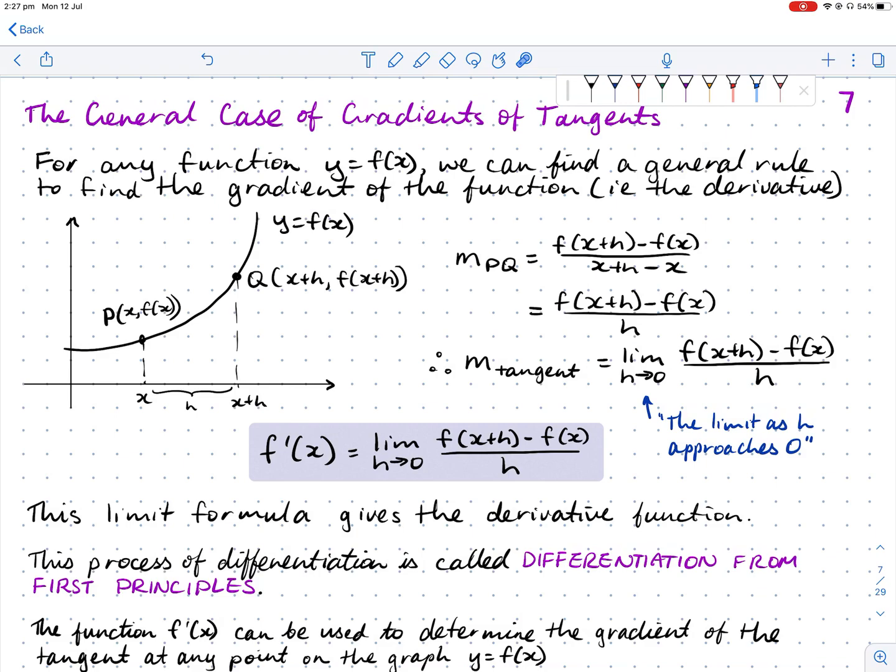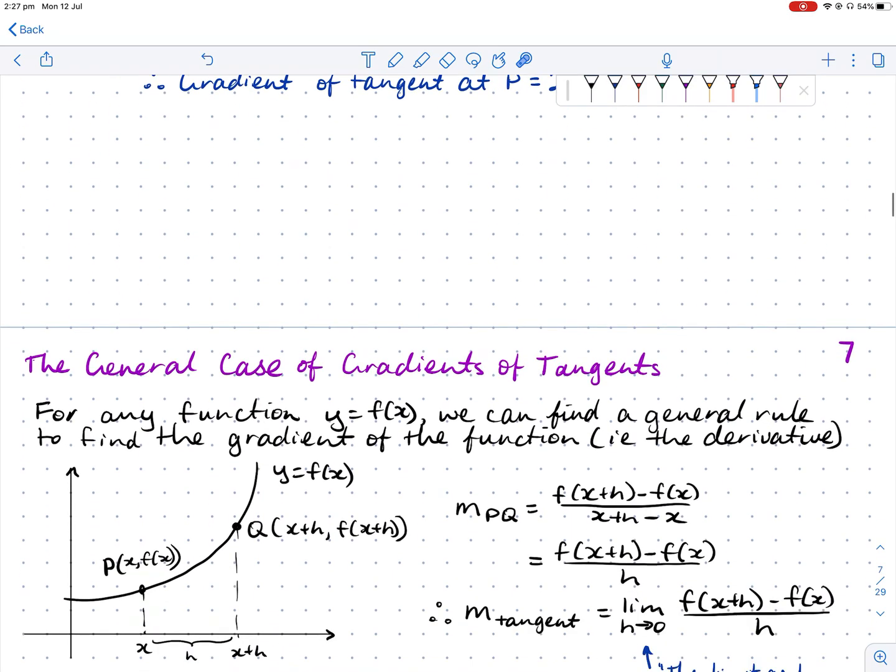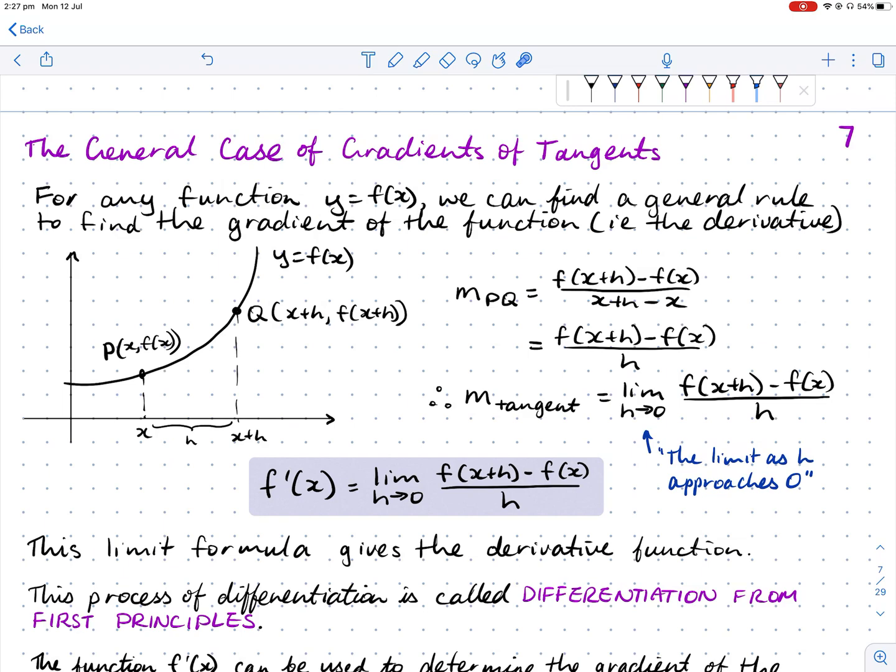Now we can also incorporate the thing that we did earlier, this part here, as h gets closer to 0. If I make h closer to 0 here, then I'm trying to make that bottom bit equal to 0, but we can't divide by 0. So before we can do that, we're going to have to algebraically manipulate this so that we can cancel the h out.